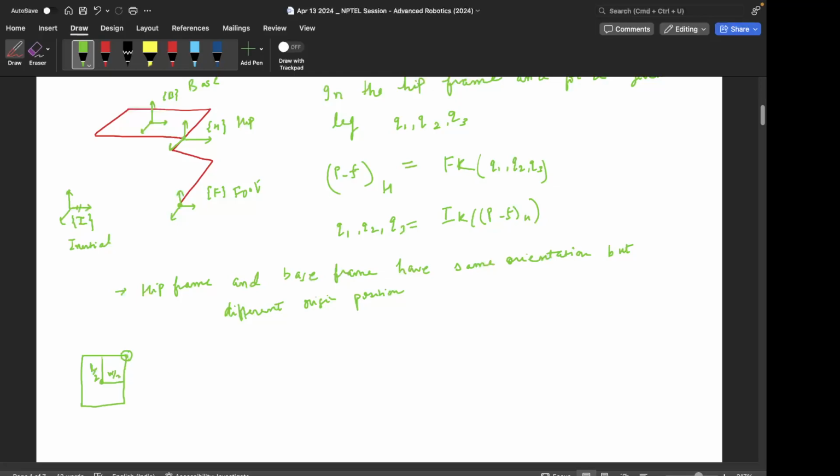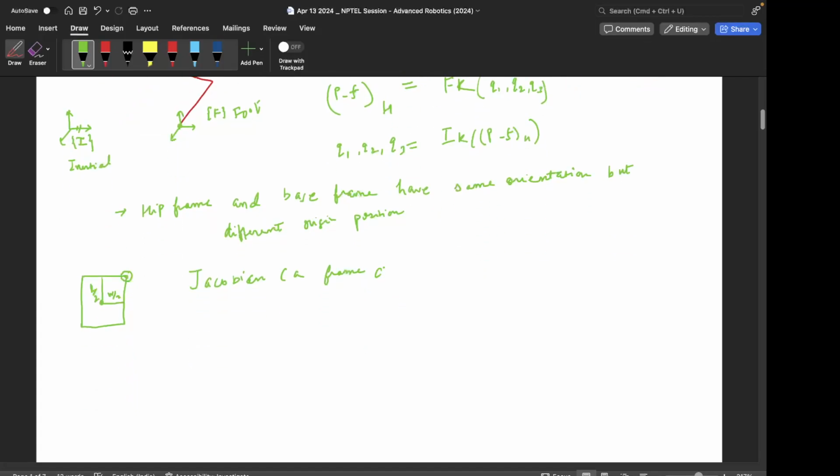Whether you write it in the hip frame or in the base frame. So the Jacobian, which is a frame independent matrix, is the same for the hip and base frame.